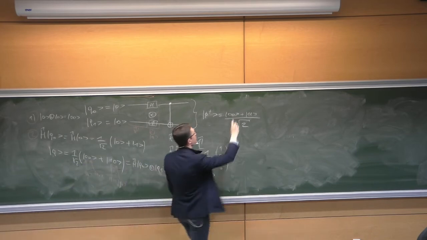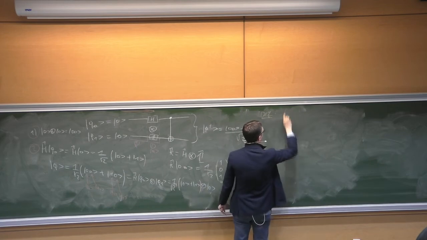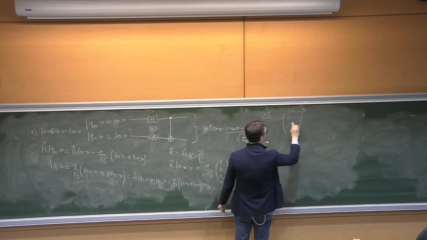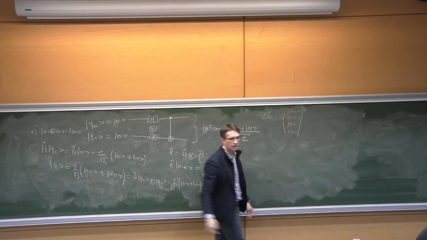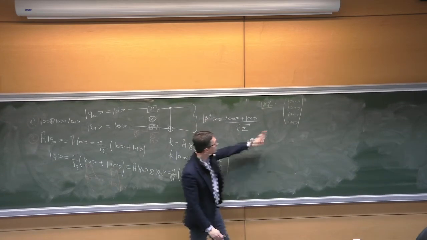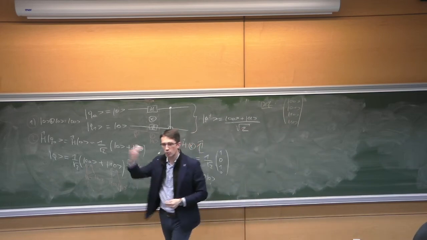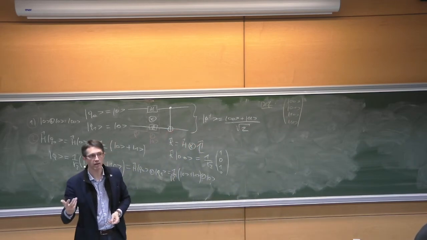Remember that we said the definition for a 4-qubit state is that when you write it, this is 0, 0, this is 0, 1, this is 1, 0, and this is 1, 1. A way of remembering it, because for instance we never know which one we put first, is that you should put it in the order that you would count in binary.